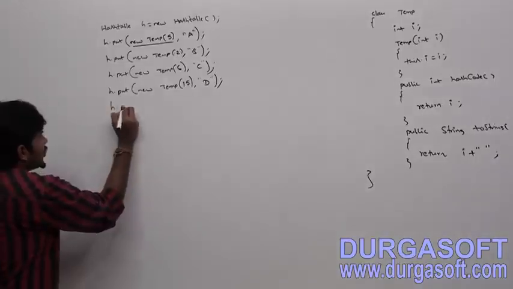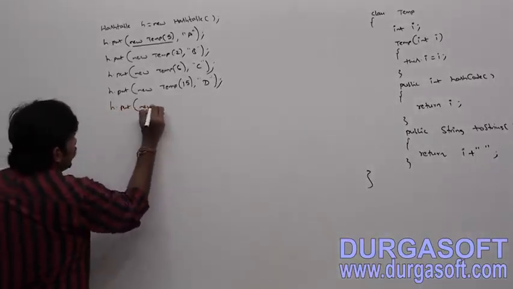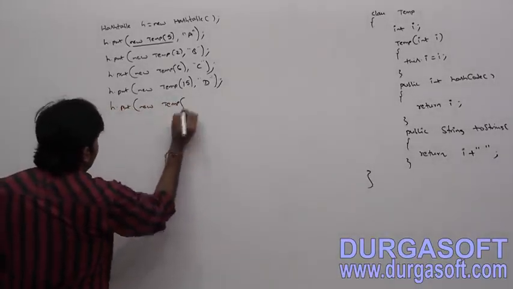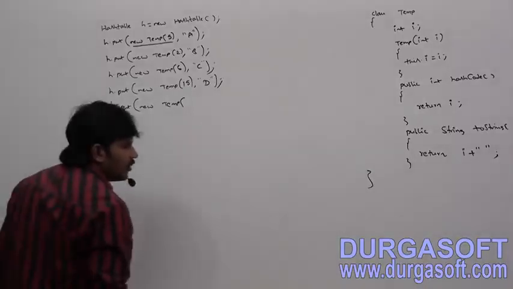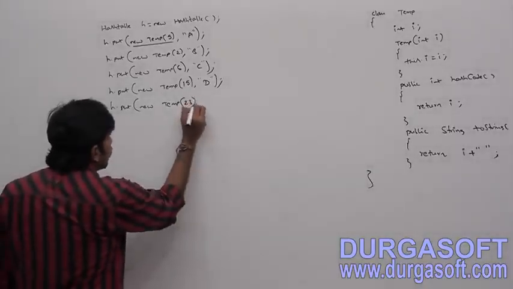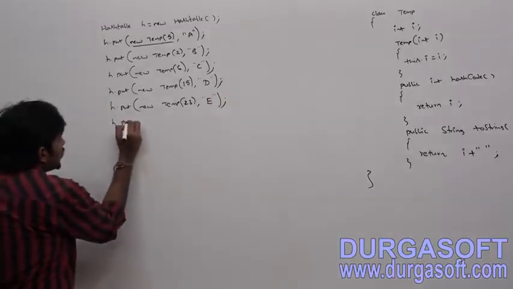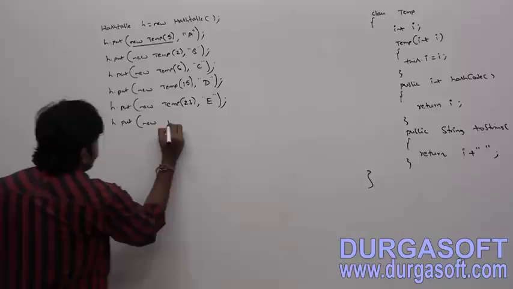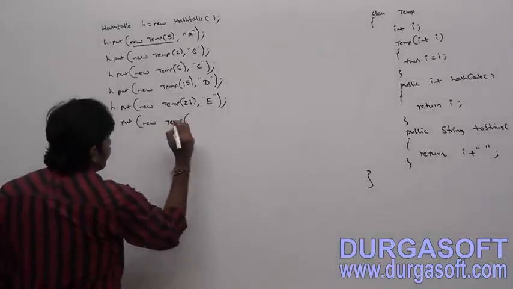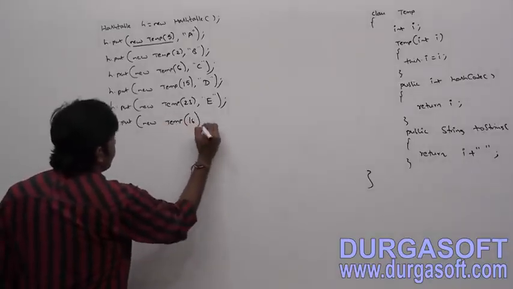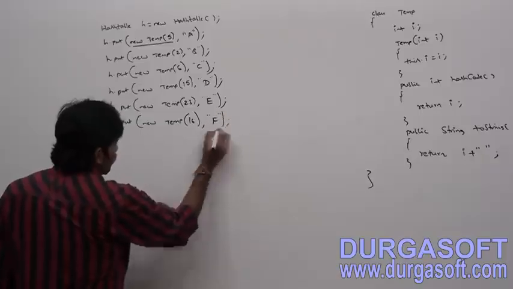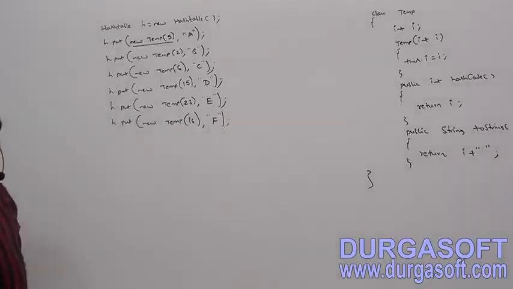Next, h.put(new Temp(23), E). Next, h.put(new Temp(16), F). I hope this is the last one. Anyway, the null commented line, not required to worry.